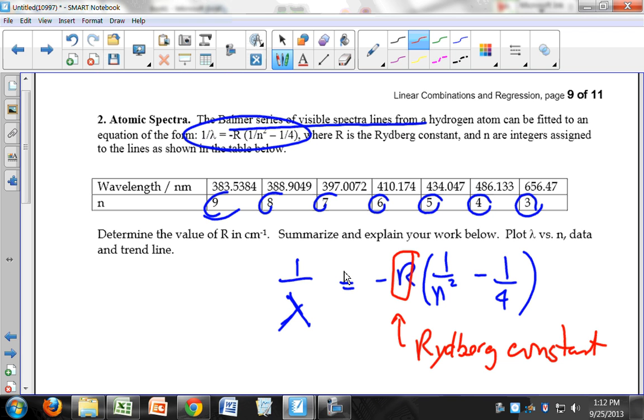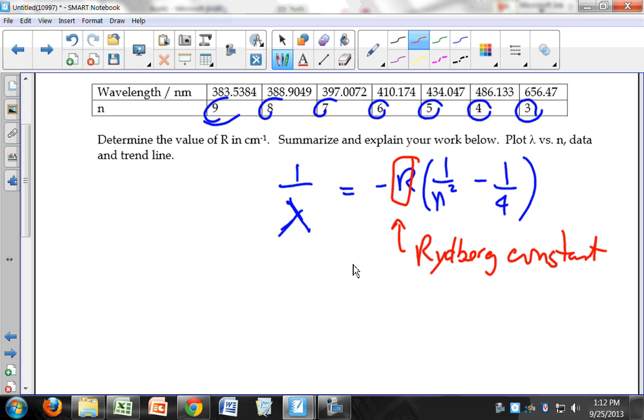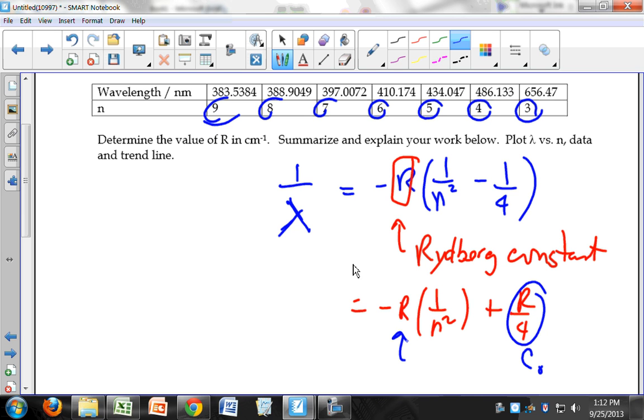It's really just 2, right? C naught and C1. What's our C naught going to be? You can rewrite this as negative R times 1 over n squared plus R over 4, right? So what's our C naught? This is our C naught, and you can call this your C1. So this is just a straight line graph.